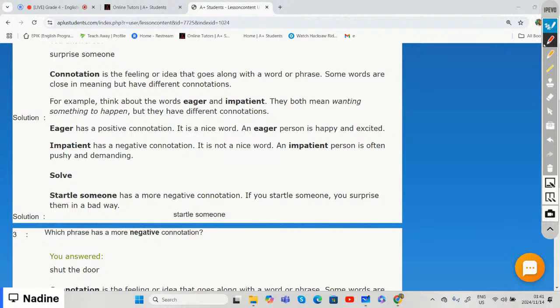But then we have impatient. And impatient is not a nice word. This is a negative connotation. A person that's impatient is often very pushy and very demanding.